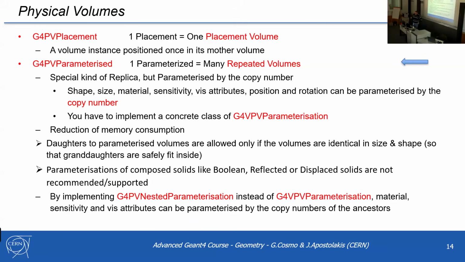It is again a kind of construct that is important in situations where you want to reduce as much as possible the memory consumption. So you can imagine, for example, the implementation of a phantom in medical physics, where you have a tank which is made of water and is a model that has many cubes.